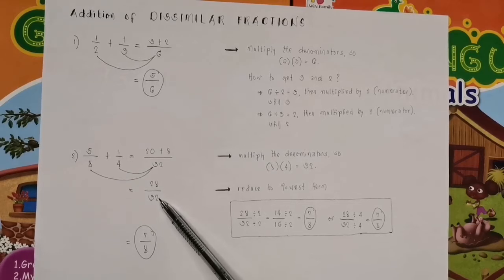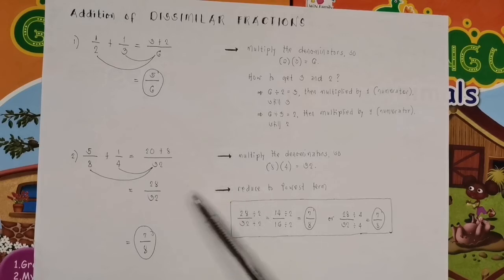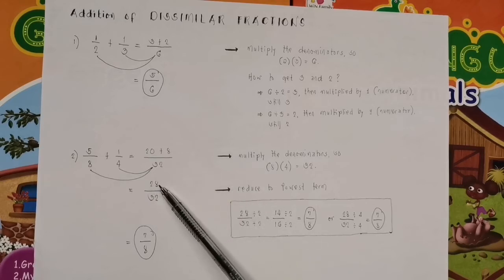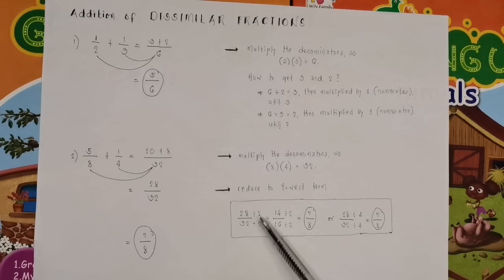32. We can still reduce it to lowest term, so we have 28/32. So we can divide the numerators and denominators by 2. So 28 divided by 2, that is 14. 32 divided by 2, that is 16. 14/16 can still be reduced to lowest term. So we will divide the numerator by 2 and the denominator by 2. 14 divided by 2, we have 7.